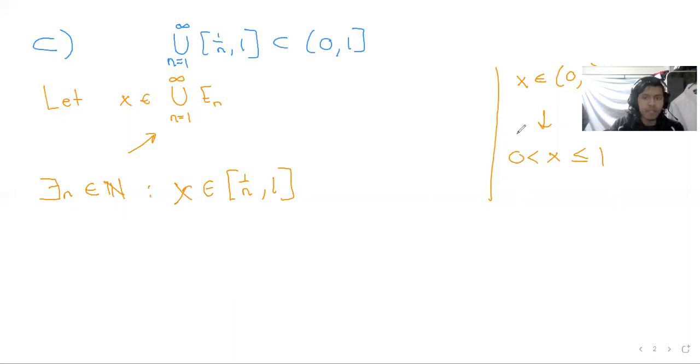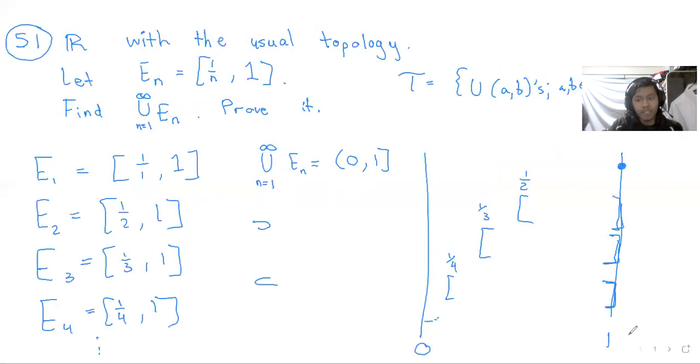And like we did over there, we're going to rewrite this as x is greater than or equal to, because we have the bracket, 1 over n, and less than or equal to 1. And we saw over here that 1 over n does not hit 0, which is why we don't include it.